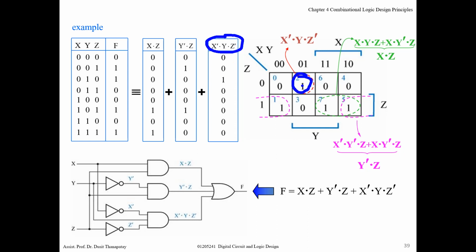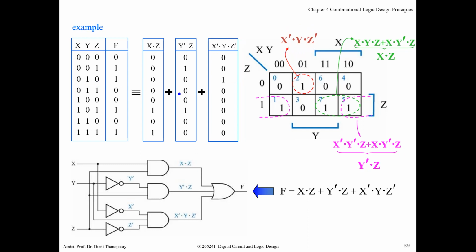The input of this cell x, y, z is 0, 1, 0. It's x prime and y and z prime. That means this term will be 1 when what? When x prime is 1, namely x is 0. When y is 1, right? And when z prime is 1, so z is 0. So this case will be 1, just only one case.